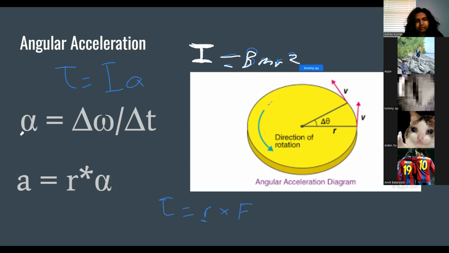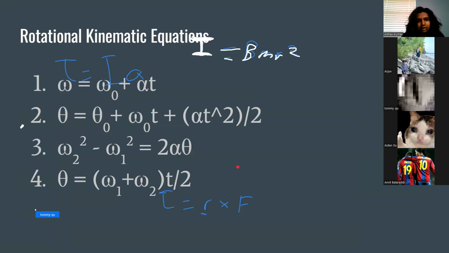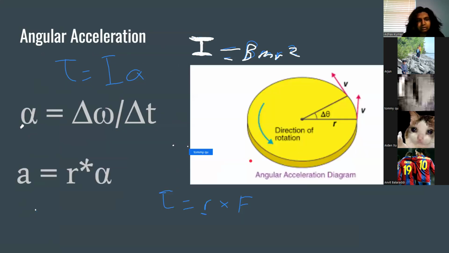So this is the other equation for torque I was alluding to. Here, it's just Newton's second law, right? We had these equations, like kinematics, but with rotational quantities. We have dynamics things like torque, but with rotational quantities.